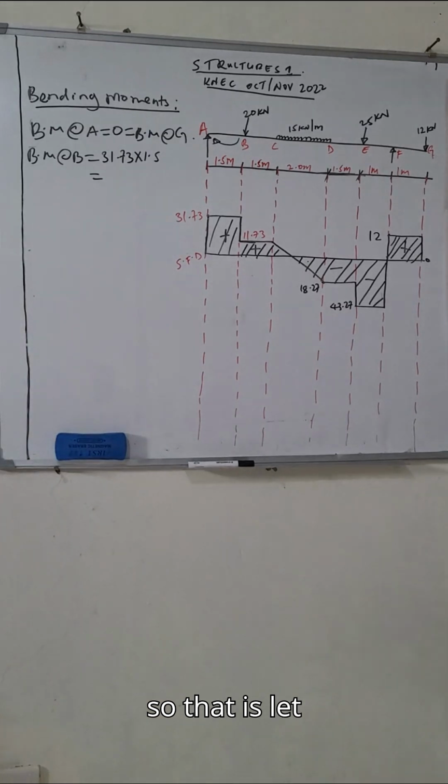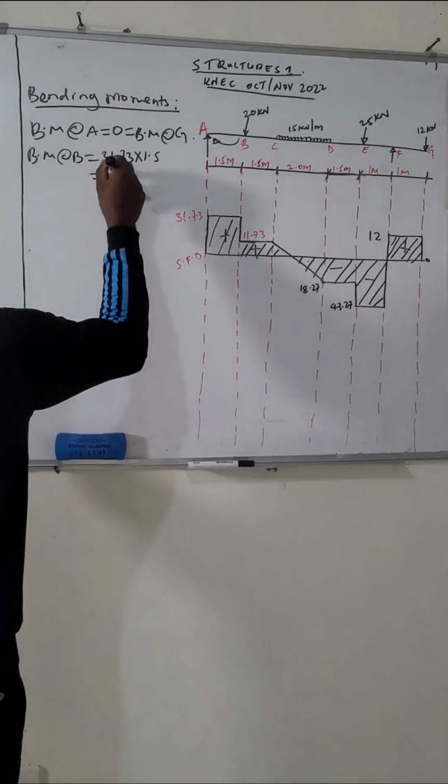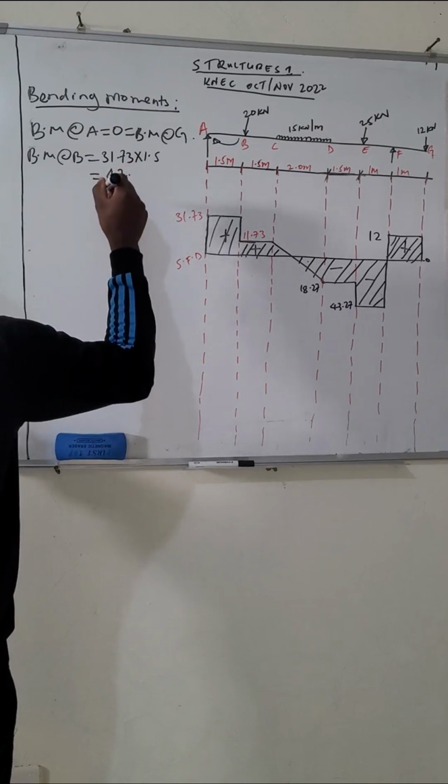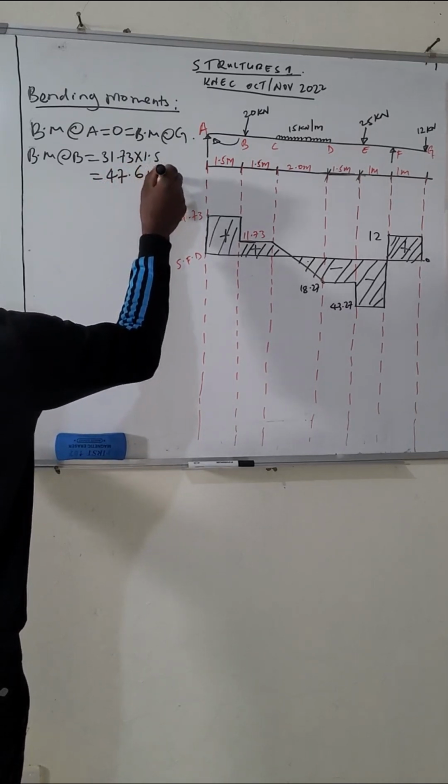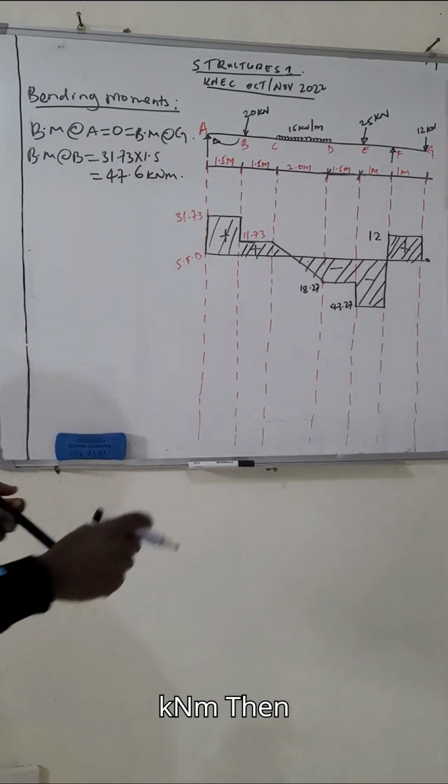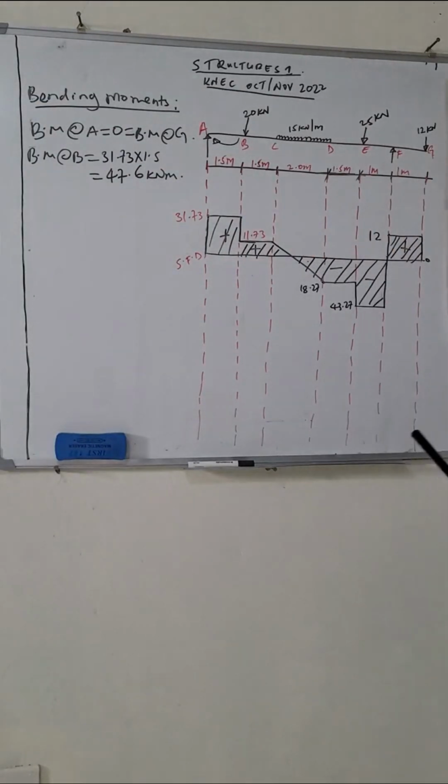Let me punch my calculator: 31.73 times 1.5 is 47.6 kilonewton meter.